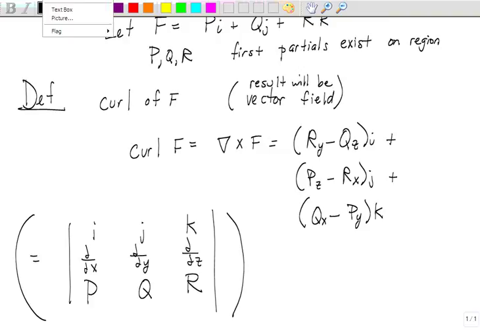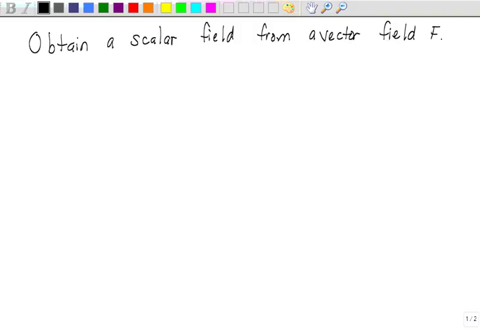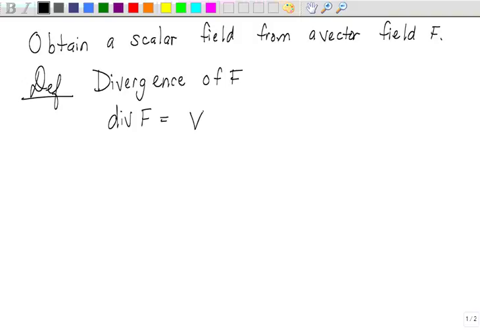Okay, the other operation we're going to talk about is called the divergence, and here we obtain a scalar field from a vector field F. That's called the divergence of F, and it's defined to be the gradient dotted with F. So that's the partial of P with respect to x, partial of Q with respect to y, partial of R with respect to z, and you add them all up.